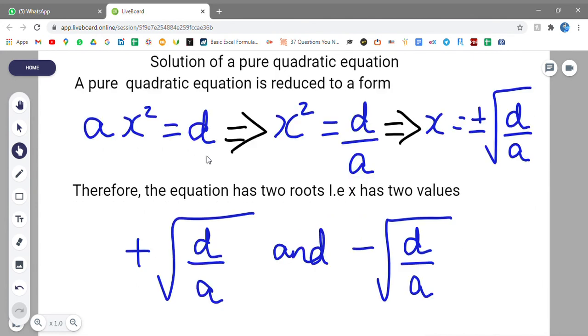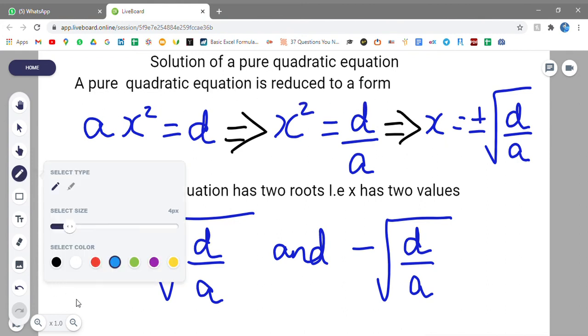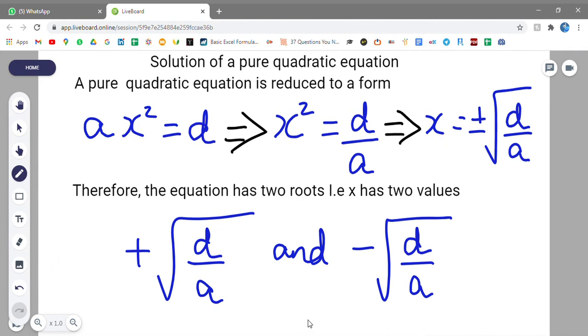Now let us see how the two roots can be derived in a quadratic equation. Solution of a pure quadratic equation: a pure quadratic equation is reduced to the form ax square plus c is equal to 0.